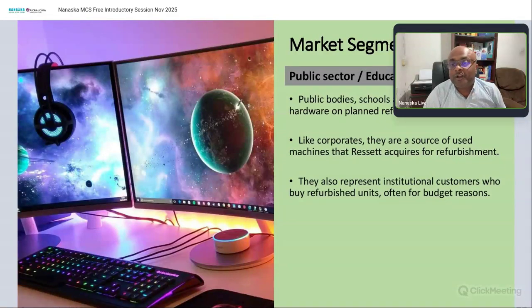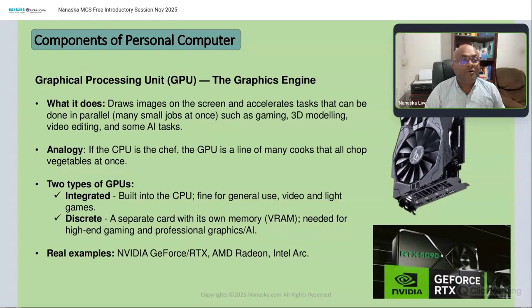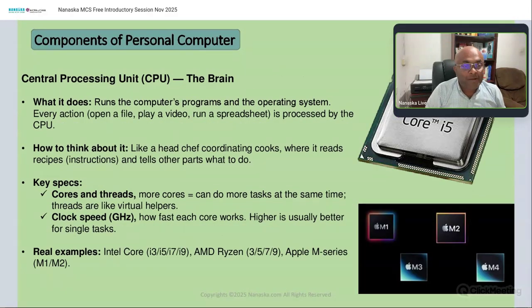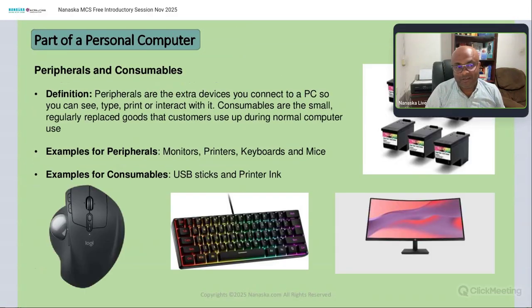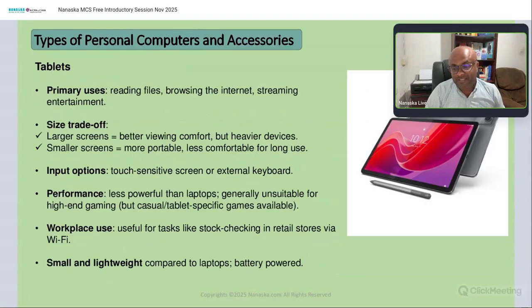I don't think you need to worry too much about it. We even go into what you mean by GPU, and CPU, central processing unit. What do you mean by the consumables in a computer? What do you mean by a tablet? I don't think you need that, but all those details are clearly given for you.